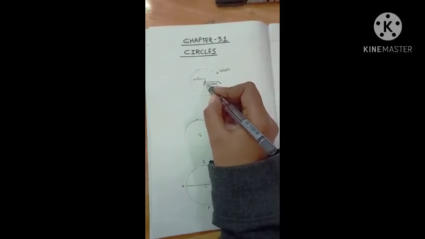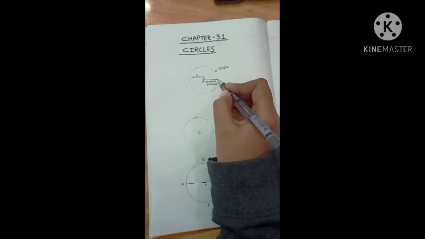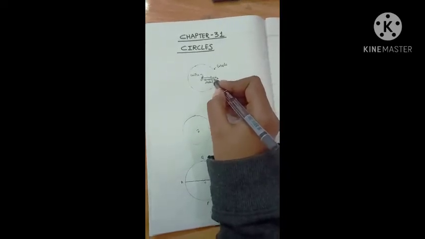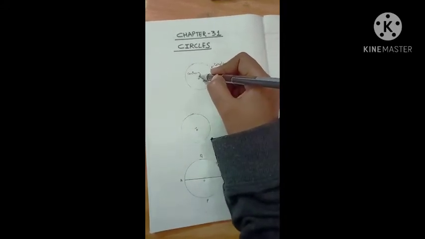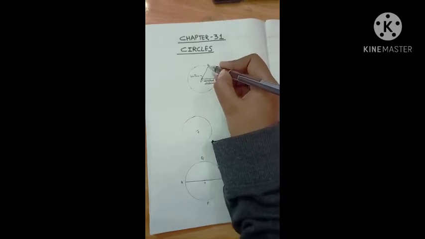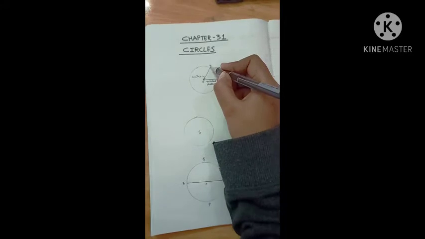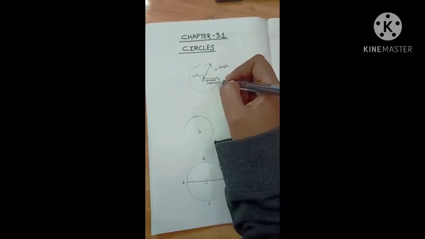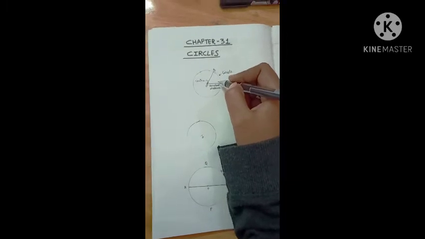So the distance between the center and a point on the circle is called the radius. If I draw like this and I say this is point B, then OB is the radius of the circle. All radii of a circle are equal.